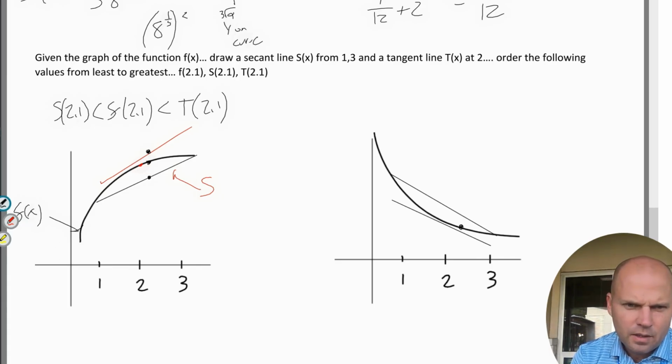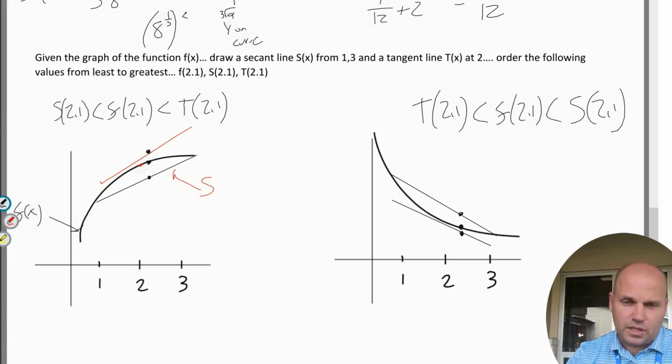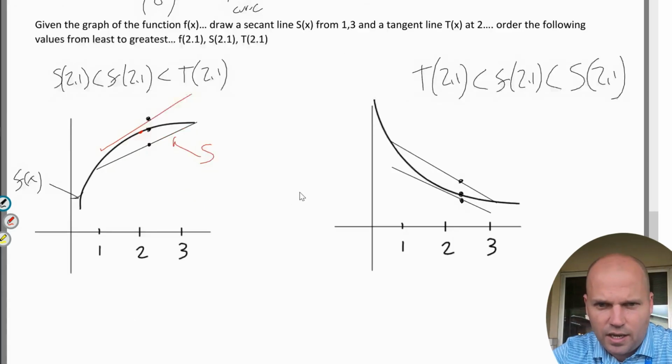What about here? Here's the f value. Here's the s value. Here's the t value. The t value now is the one on the bottom. The f value, if you think about it, will always be the one in the middle, unless something crazy is going on, which I can't even think of. And then here, the s value. What's the difference between the two? The concavity, honestly. The concavity and nothing more than that.